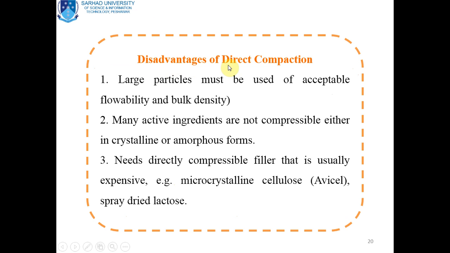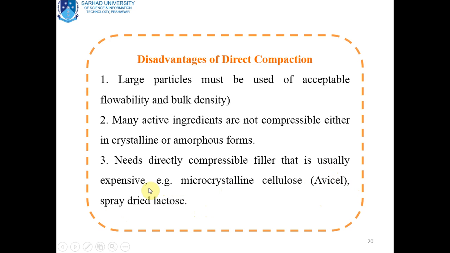Some of the drawbacks involved in using the direct compression process include that large particles must be used of acceptable fluidity and bulk density, and many active ingredients are not compressible either in crystalline or amorphous form, so it is not possible to compress them directly. It needs a directly compressible filler that is usually expensive, for example MCC, that is microcrystalline cellulose, such as Avicel PH 102 and PH 101, and spray-dried lactose.